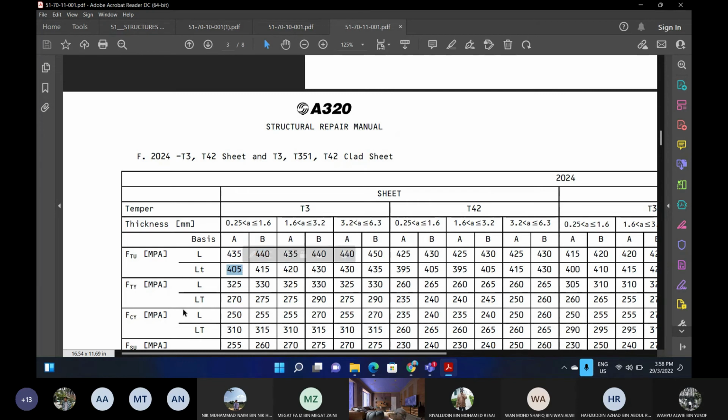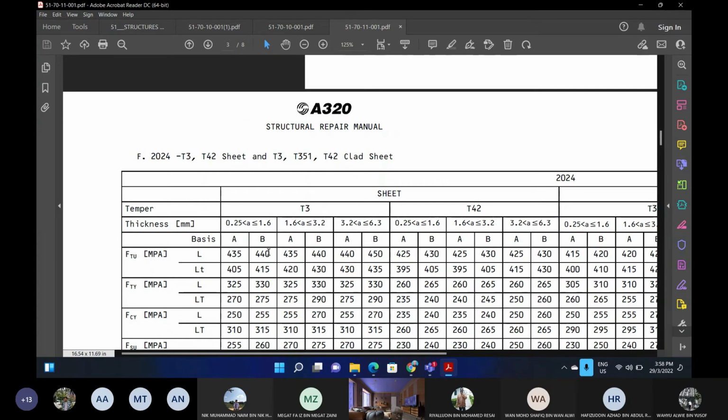We can say that the strength of the material that you want to put as a doubler is only 405. Not an issue if the repair is small. Weight is not a main issue, because with 405 you need a thicker part. If you use 440, then you will use less, because 440 is stronger than 405. That is the reason why.